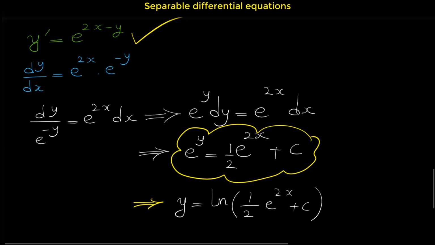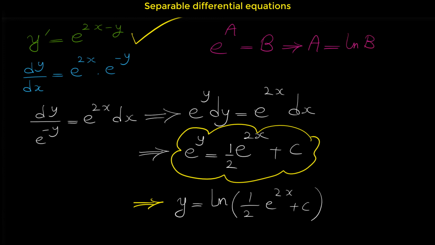Note that if in general we have e to the a equals b, then a equals ln of b. So to cancel e, we just take ln from both sides, and so a equals ln of the other side of the equation. So we use this rule and we get this answer here.